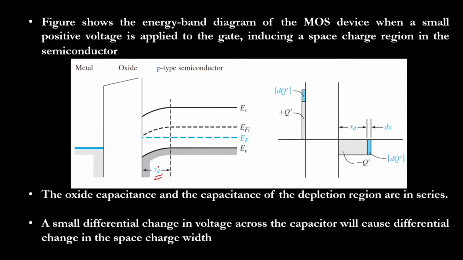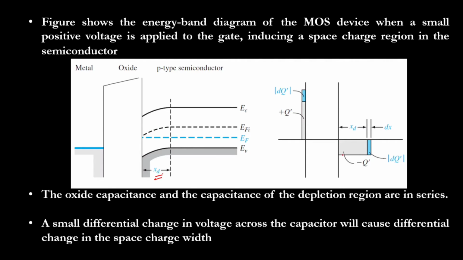At the same time, when we look at the charge distribution, at the metal side we are applying a positive voltage, so positive charge will accumulate, and at the semiconductor side you see the positive charge is reduced and the negative ions are accumulated in the depletion region.